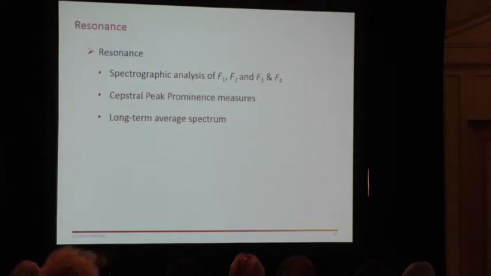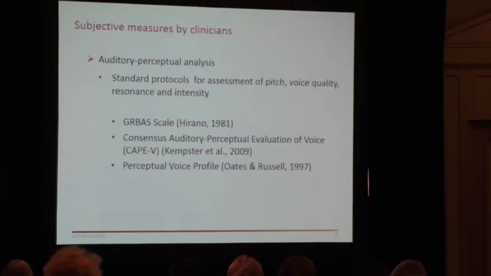Resonance, again, something you're probably used to assessing, spectrographic analysis of the formants, cepstral peak prominence measures and long-term average spectrum. So they're the acoustic measures, and if you've done any acoustic measures for any other client with voice disorders, you'll see that you can do an acoustic analysis of the voice of these clients.